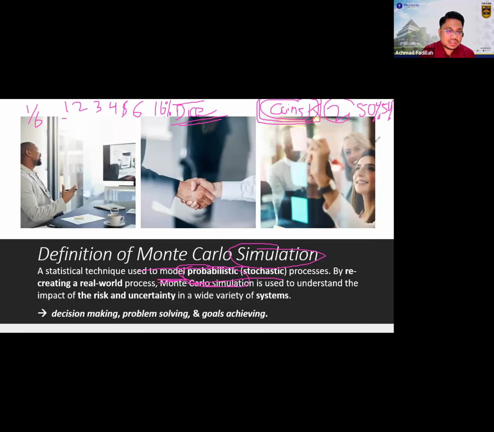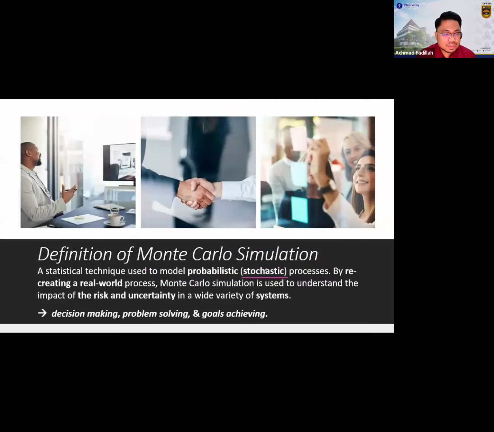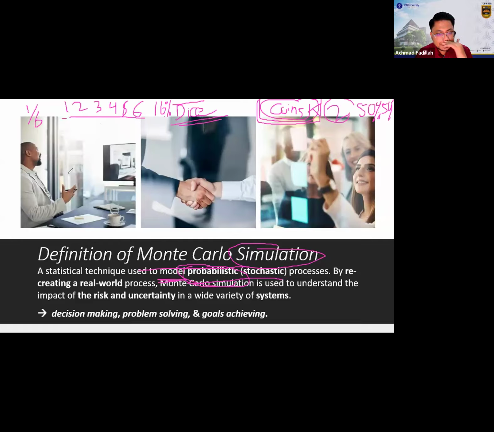But we have historical data, and we can use that as the baseline to calculate the probability of each moment or event. Then we call this model the stochastic model. It means that every change or event has a probability.